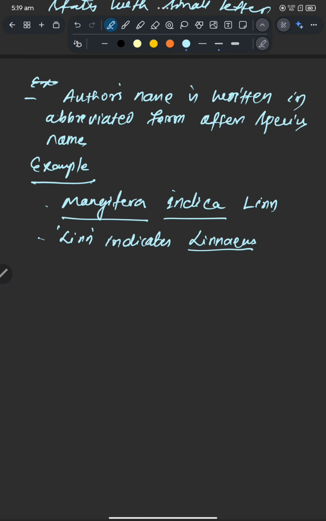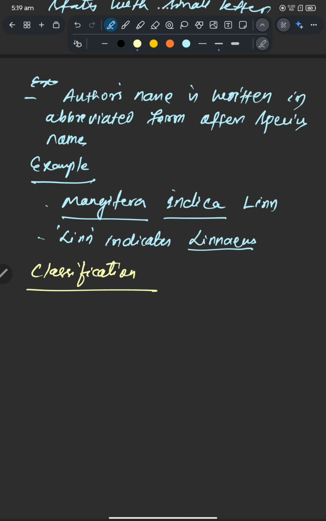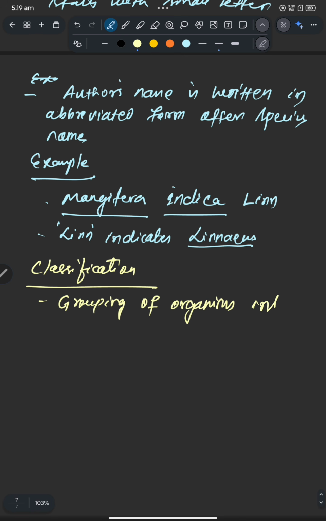Okay. Now come to classification. The next most important topic is classification. So what is classification? It is the grouping of organisms into categories based on similarities.